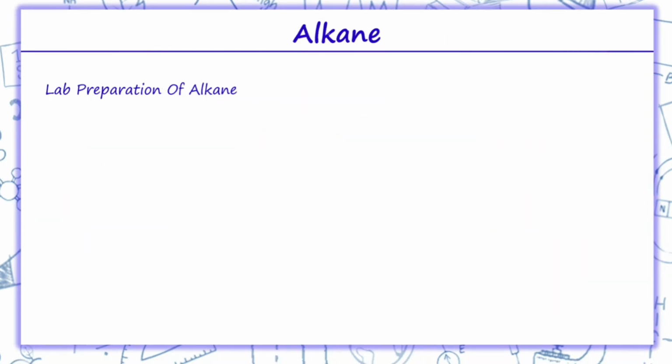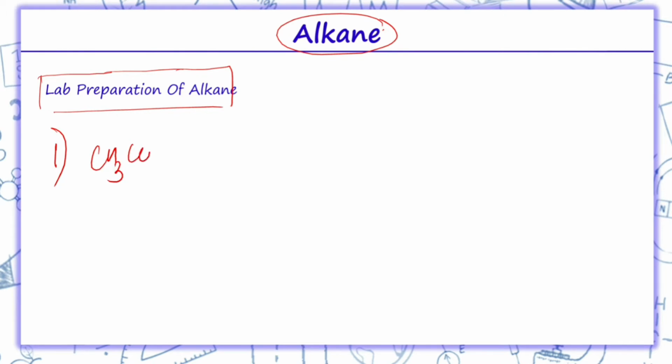Coming on to the preparation of alkanes. The first preparation is lab preparation. In lab preparation, alkane is prepared by taking sodium acetate, or sodium ethanoate, which is treated with soda lime, a mixture of sodium hydroxide and calcium oxide.